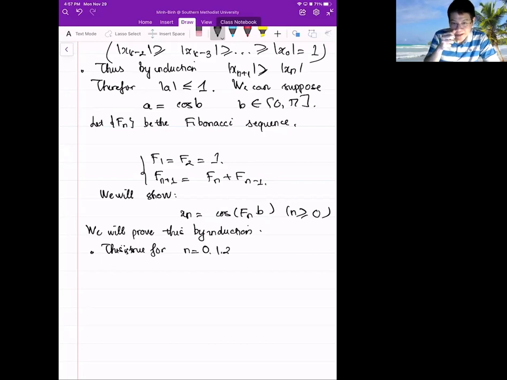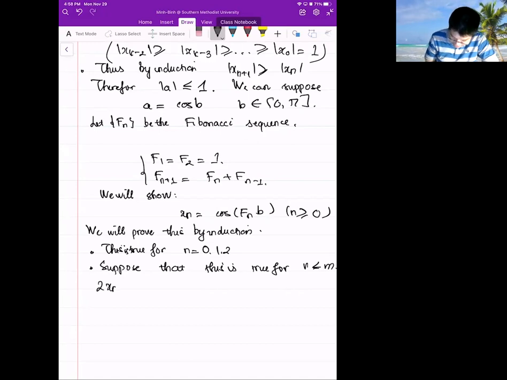All right. So now suppose that this is true for n smaller than m.